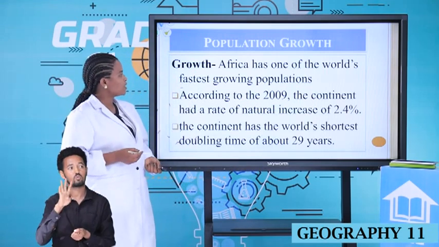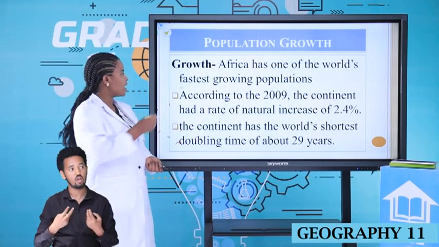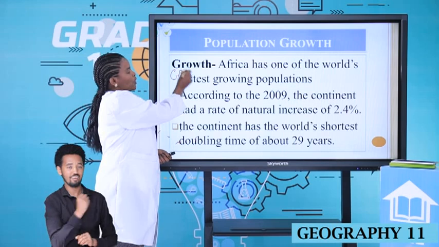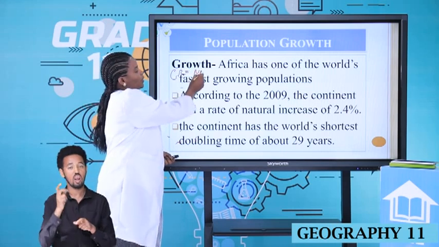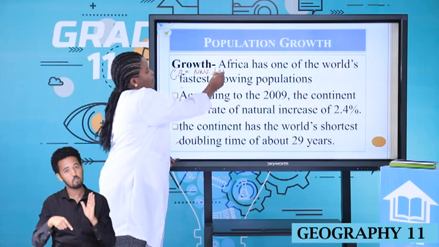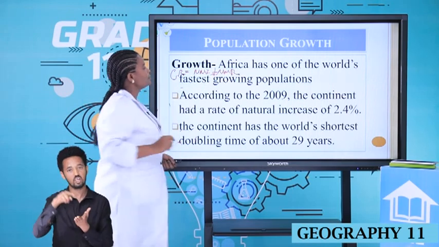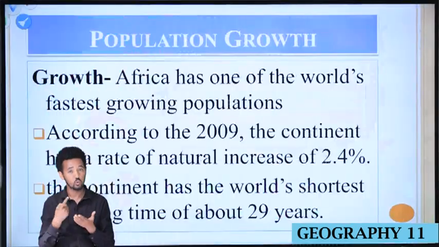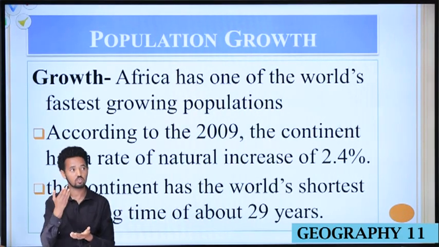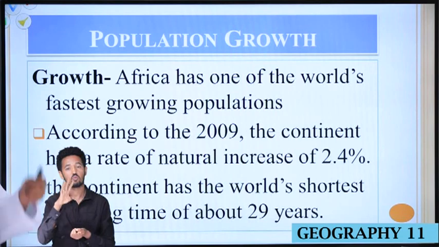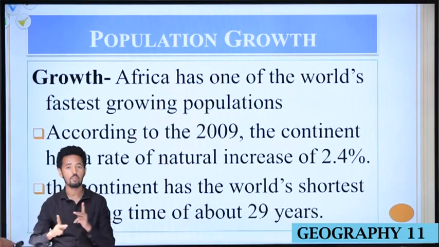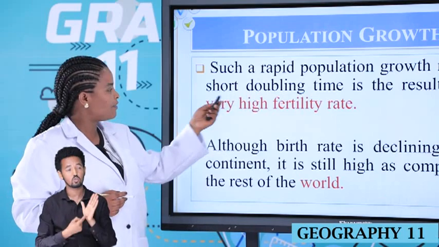To find growth rate, we have the formula: growth rate is equal to natural rate of increase plus or minus net migration rate. So the growth rate of Africa reached 2.4%. This shows that Africa has rapid population growth.